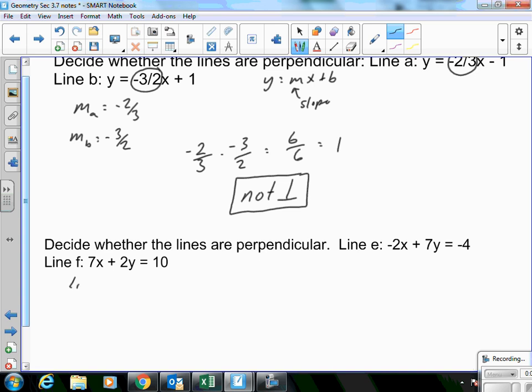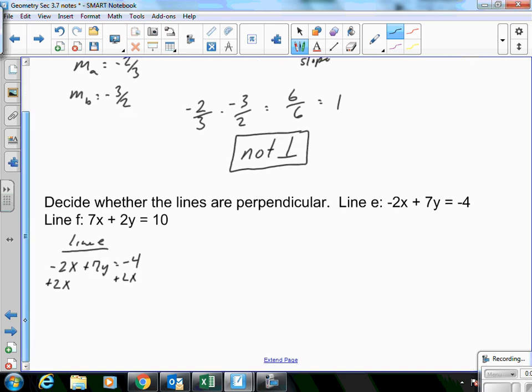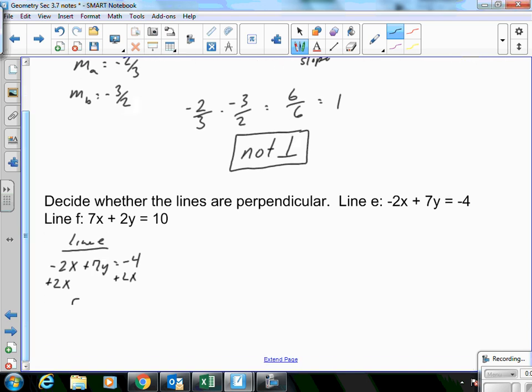So for line E, -2x plus 7y equals -4. We got to get it in y equals format, so we'll start moving everything over, add the 2x. So to give us 7y equals 2x minus 4.